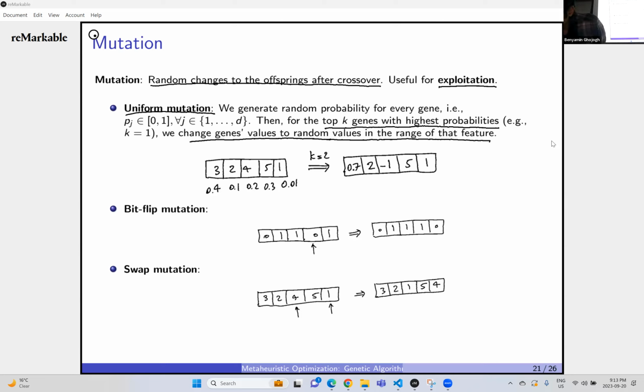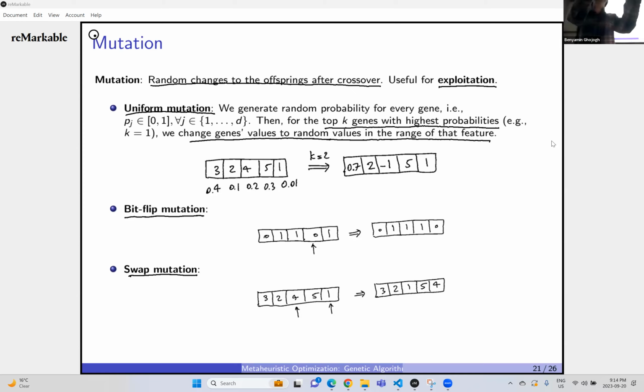Another thing is bit flip mutation. It's good for binary chromosomes. You select some of the features and you flip them. If they are 0, they become 1. If they are 1, they become 0. Another one is swap mutation. Randomly take 2 features and swap them. Do you understand the differences?